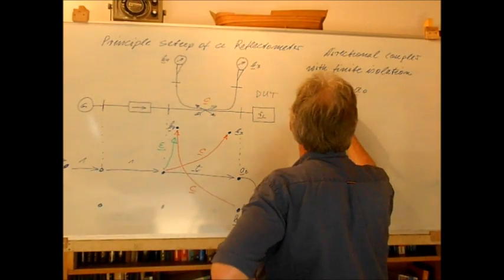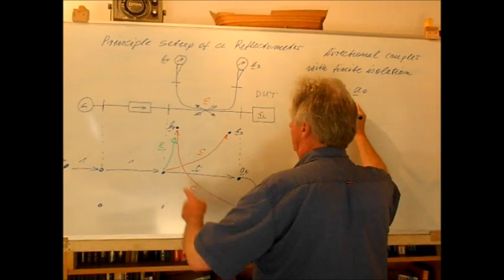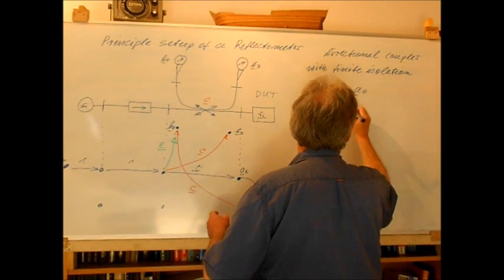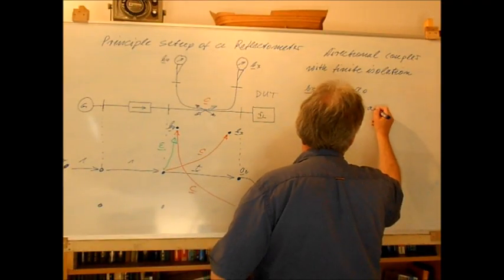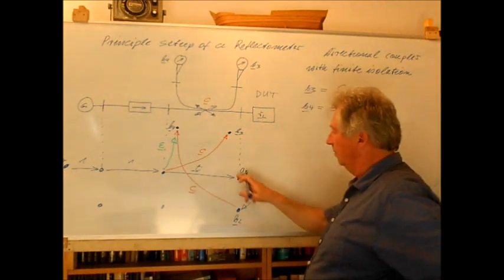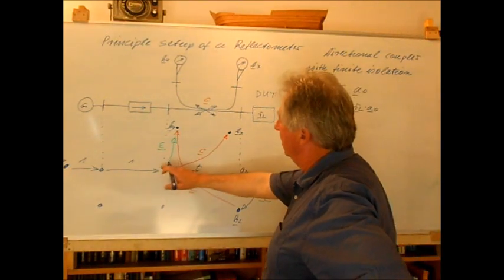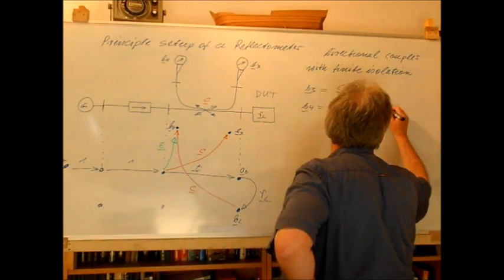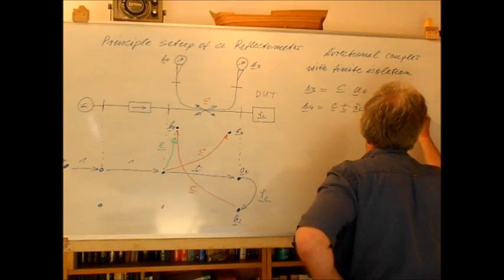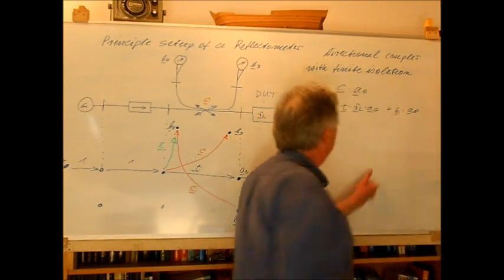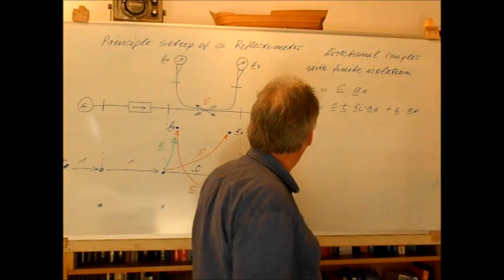Of course we still will have C times T times RL times A naught. So this is the path we want to have, but now I assume that there is an additional path, so we will have plus epsilon times A naught. So I just assume that epsilon will be a very small value.